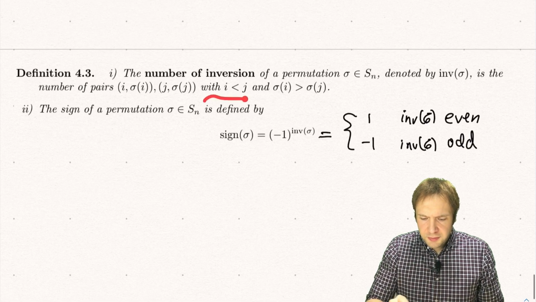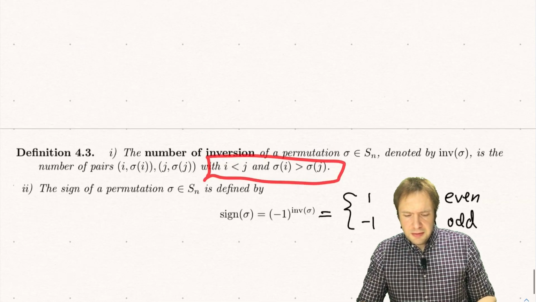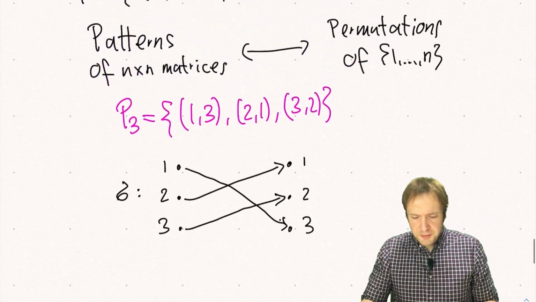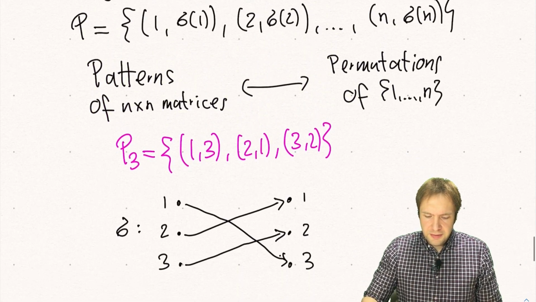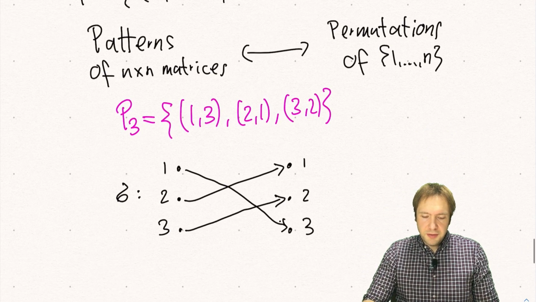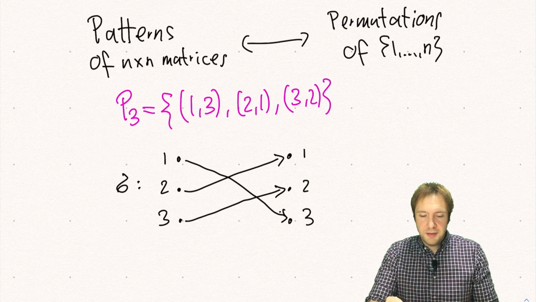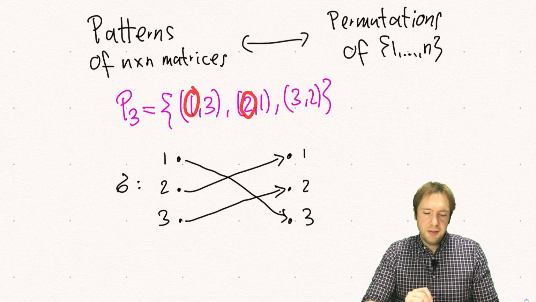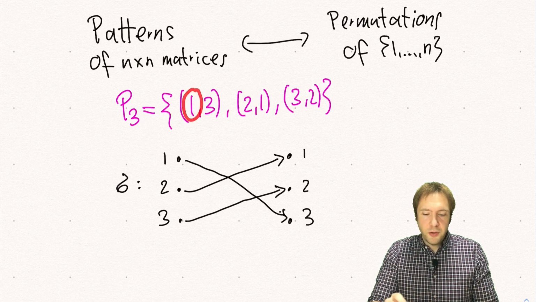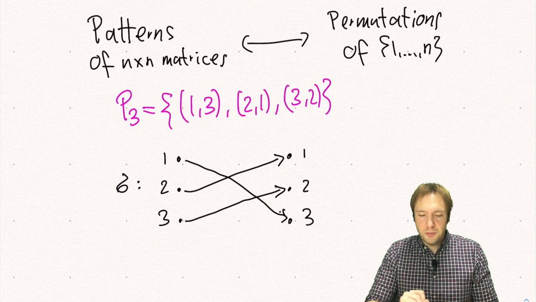And what does this condition mean? For example, in this case, what are the inversions? Inversion means I need to find pairs such that, for example, 1 is smaller than 2, but sigma of 1 is larger than sigma of 2.